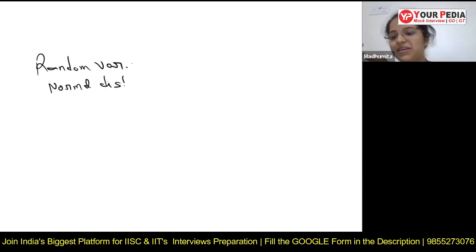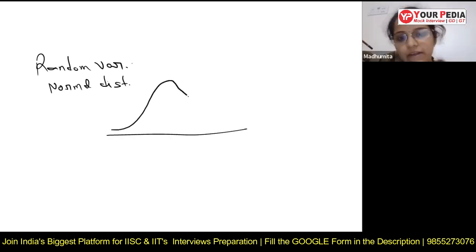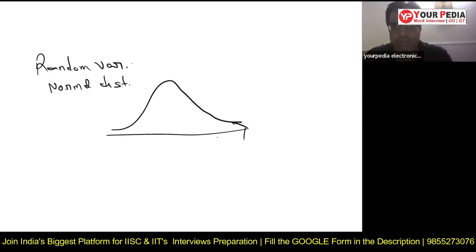The normal curve, the bell curve, is what we had. Can you draw that? Yeah. So, okay, suppose I am drawing it here. This is the bell curve. Yes. You are talking about this? Yes, sir. So, what do we put on the x-axis here, what does the x-axis represent? And what does the y-axis represent?